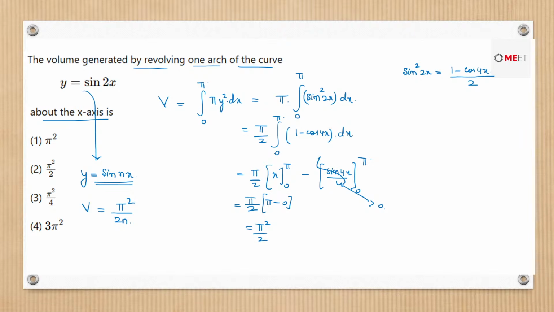So this is the important trick which you can remember, or a generalized formula. So n could be taken as 2, 3, 4, 5, any numbers you can take, and you could use this generalized formula.